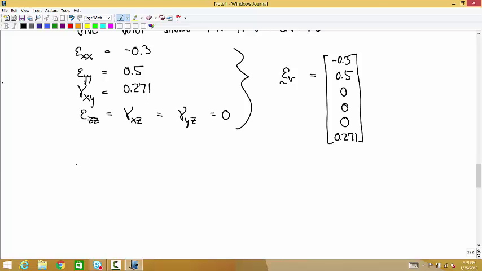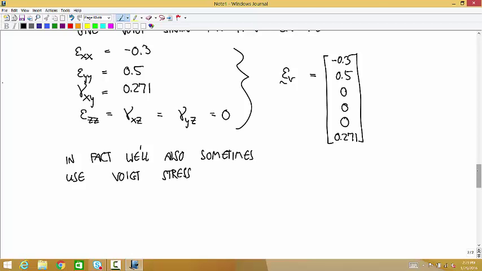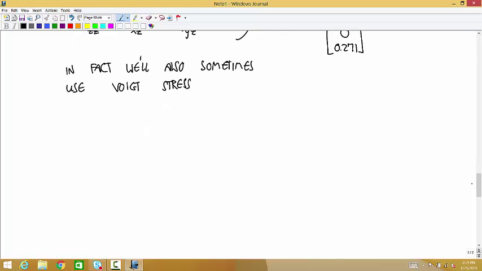Now, stress is a tensor, but we're going to see that there's a use for representing the stress sometimes in the Voigt notation too. So we'll also sometimes use the Voigt stress. And so the Voigt stress is defined in the same order as the Voigt strain.